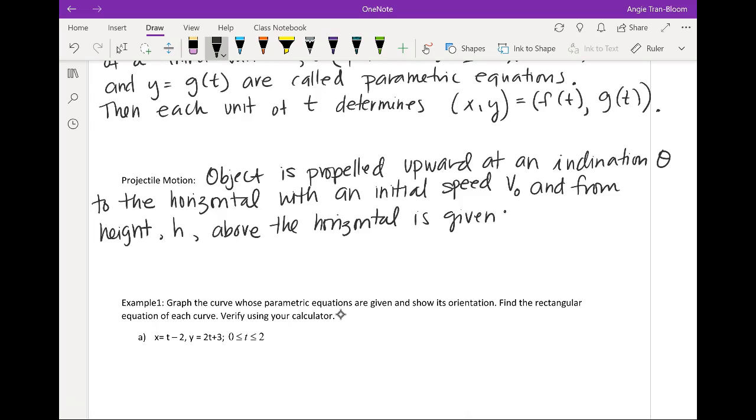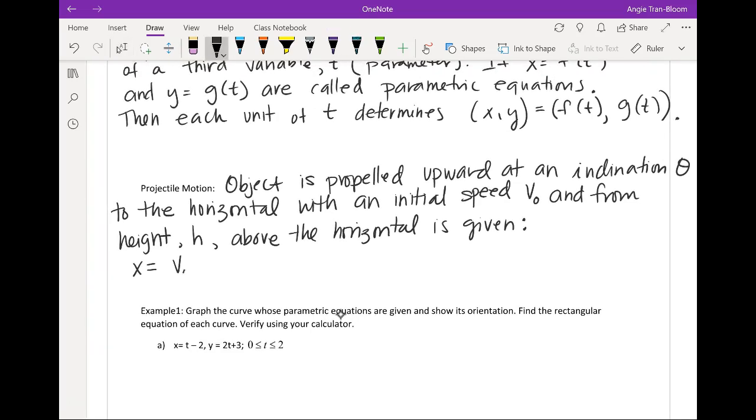Here we go. Because we're in parametric, you're going to get x equals v subscript 0 times cosine of some angle times t.